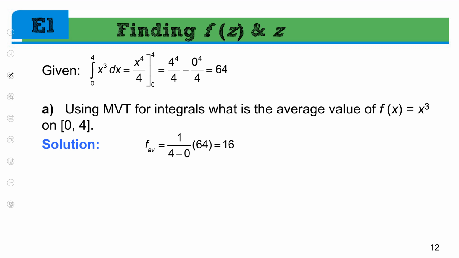Now, why is it 16? If the area under the curve, or the integral from 0 to 4, is 64, we multiply by 1 over b minus a, where the domain is 0 to 4. And that tells me that the y value would be 16.